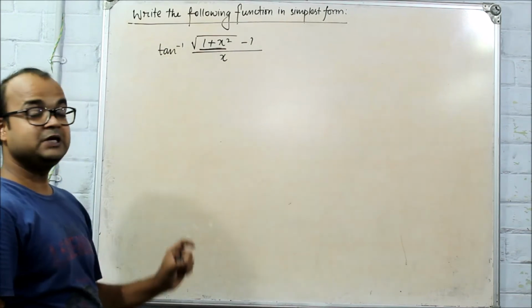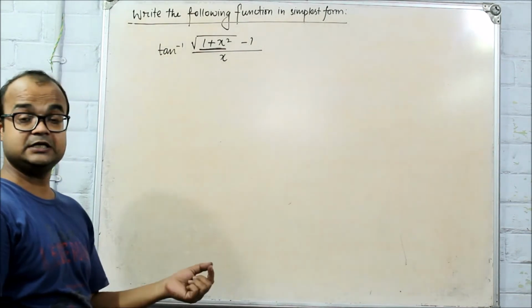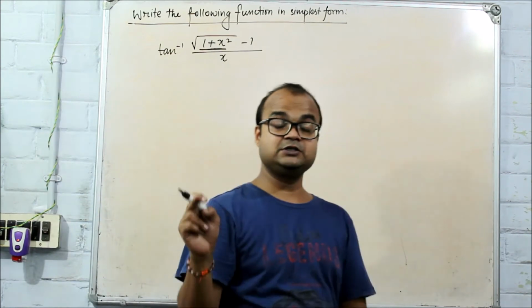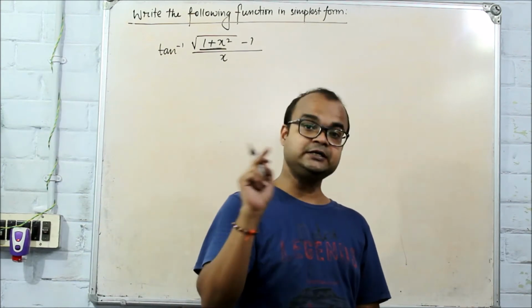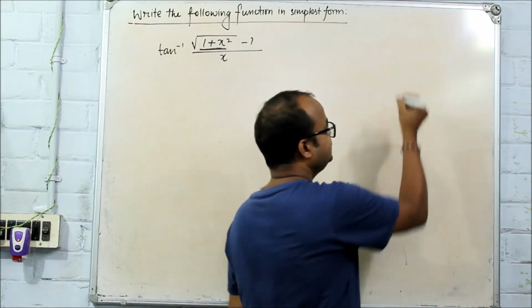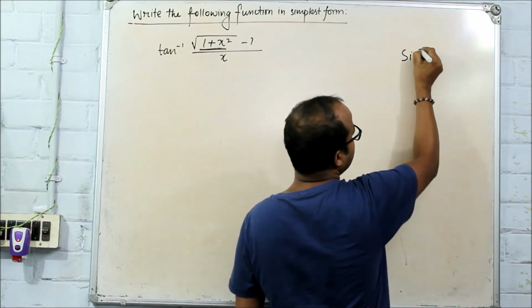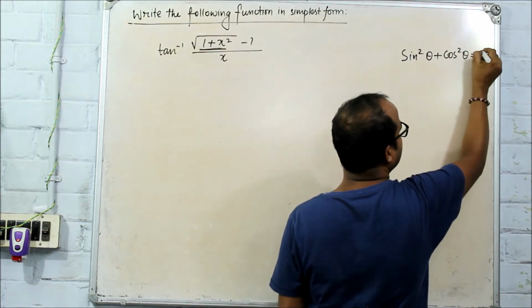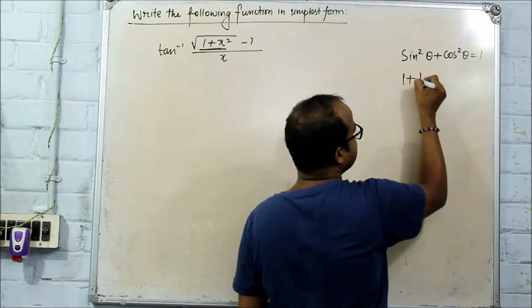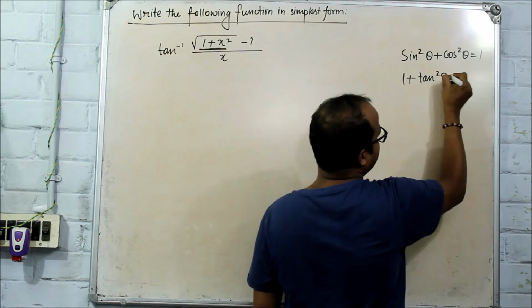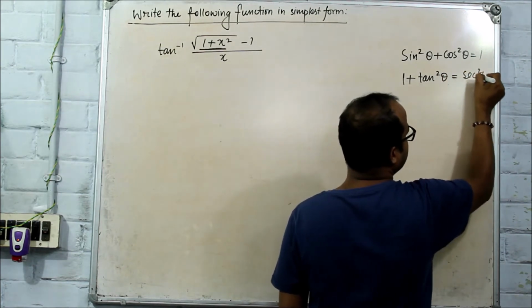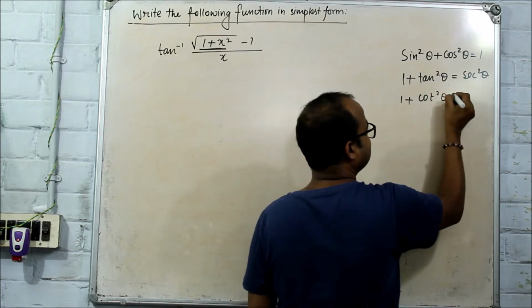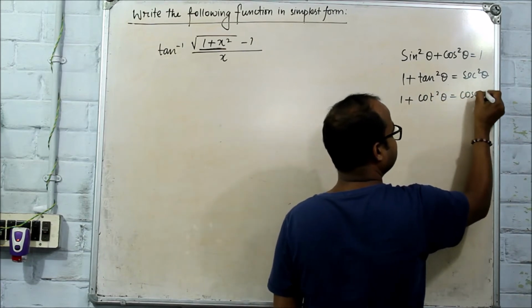If it is 1 plus x square or 1 minus x square, the first preference is given to the trigonometrical identities. So what are the trigonometrical identities? You know, sin square theta plus cos square theta is equal to 1, 1 plus tan square theta is equal to sec square theta, and 1 plus cot square theta is equal to cosec square theta.